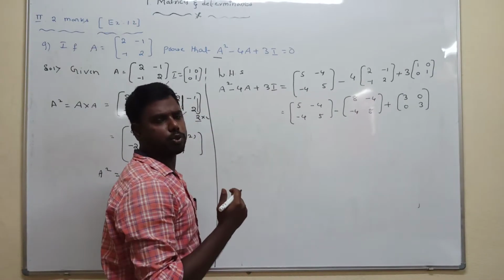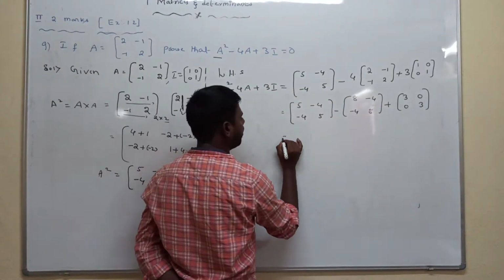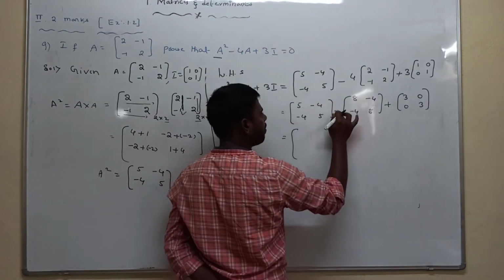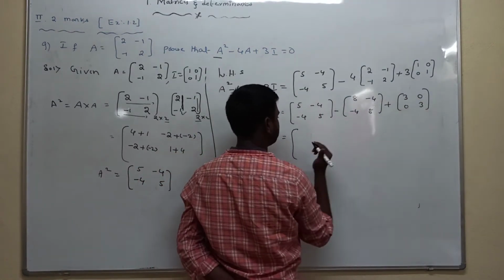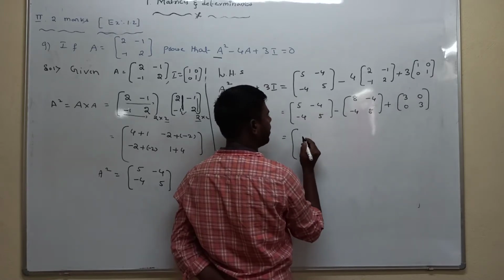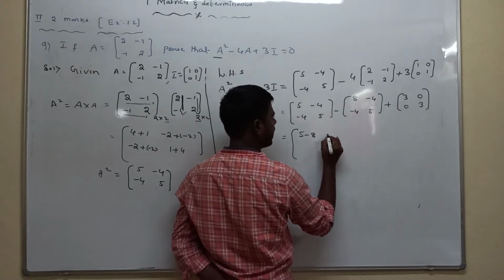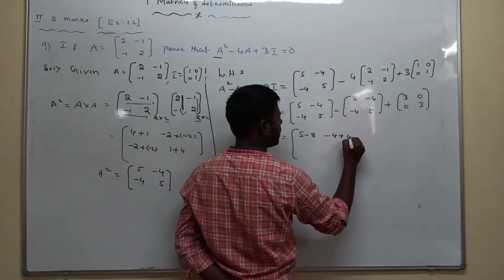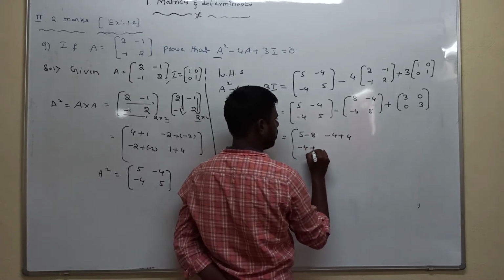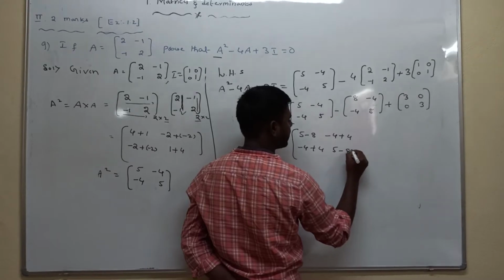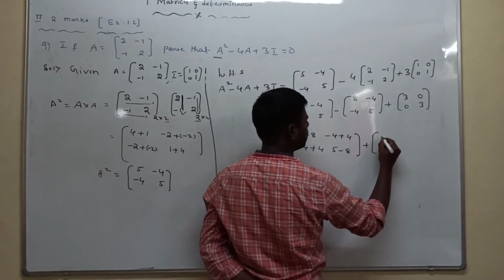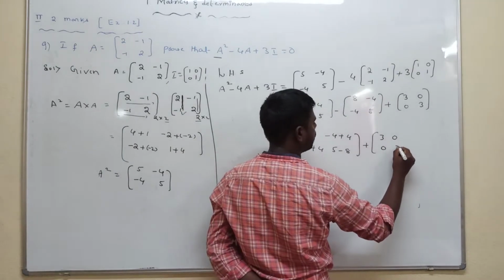Now we can subtract and add the corresponding elements. 5 minus 8 plus 3. First you have to subtract these two matrices: 5 minus 8, minus 4 plus 4, minus 4 plus 4, 5 minus 8, plus 3 0 0 3.